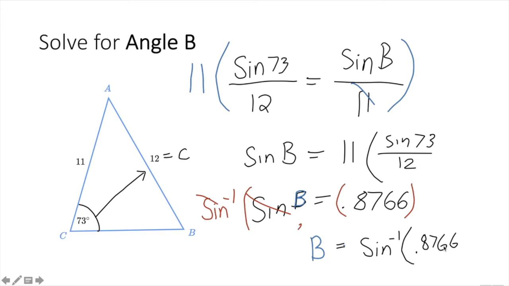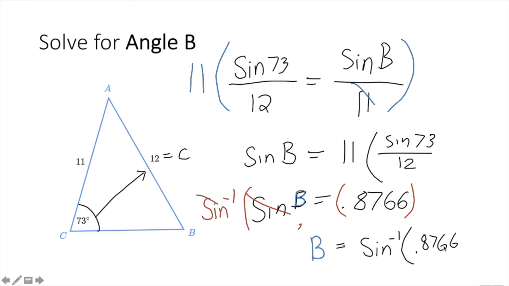So the last thing that my calculator returned was the 0.8766. Okay, so I'm going to just simply say sine -1, and usually you're going to hit the second key or the shift key on your calculator, and then just hit the sine button, and you might see that written above it.